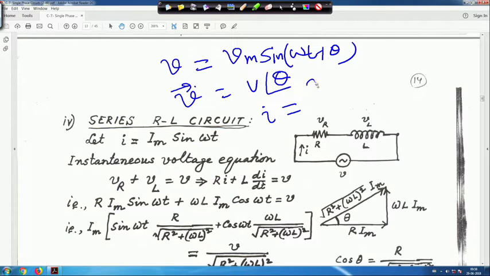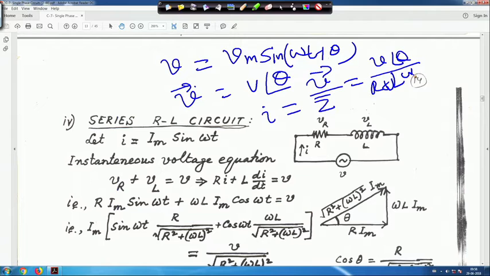I is equal to V arrow divided by the impedance Z. That is V at angle theta, divided by R plus jLω.